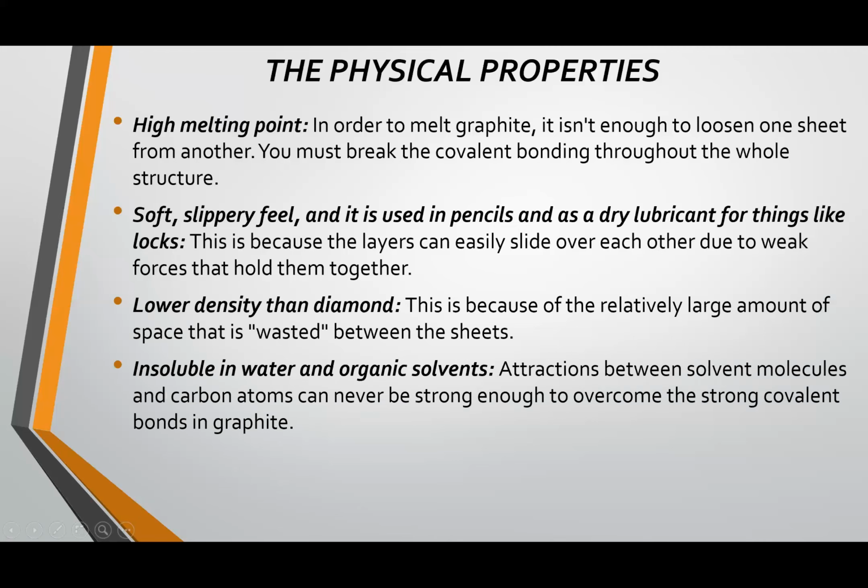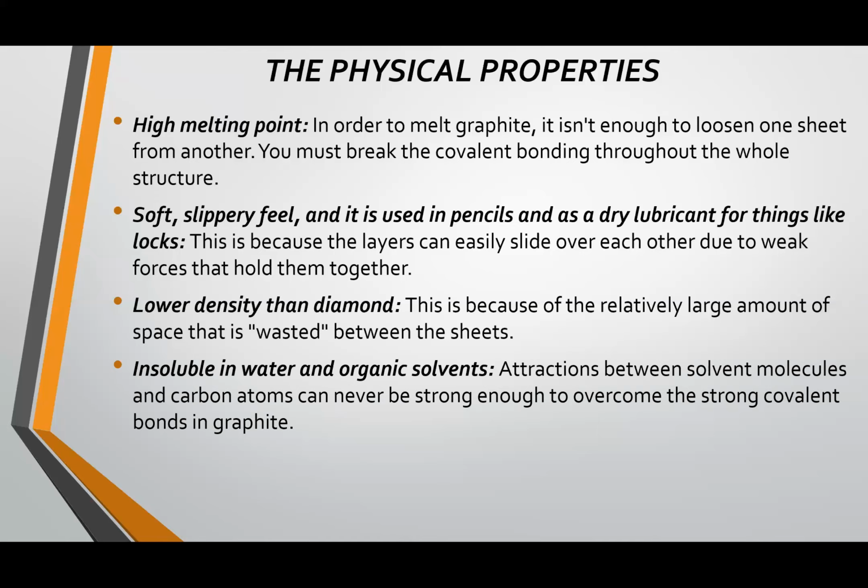It is insoluble in water and organic solvents, just like diamond. It is because the attractions between solvent molecules and the carbon atoms can never be strong enough to overcome the strong covalent bonds in graphite.